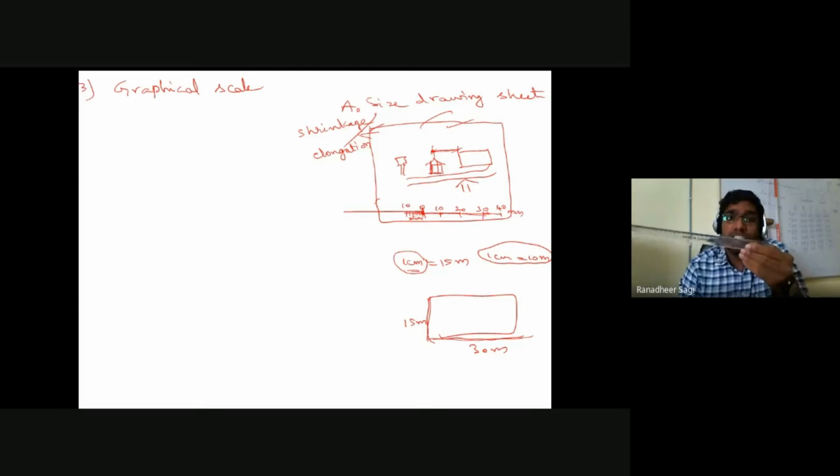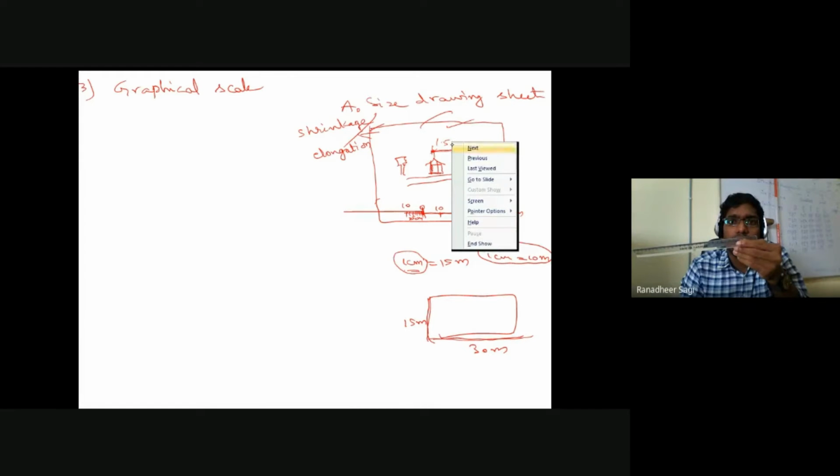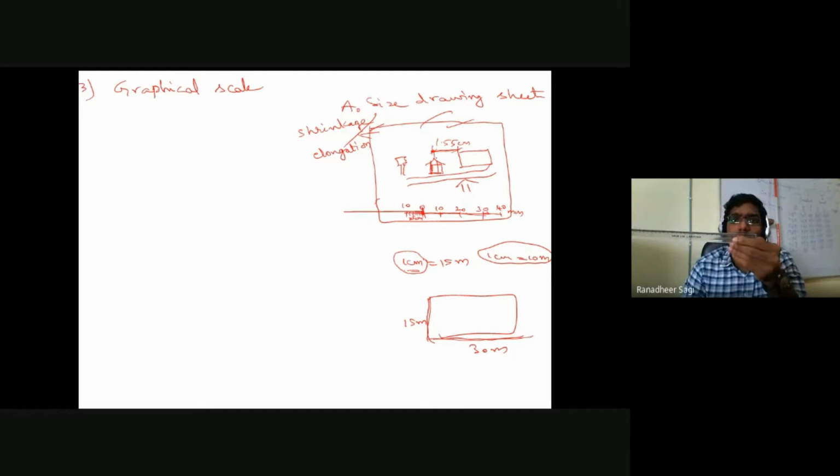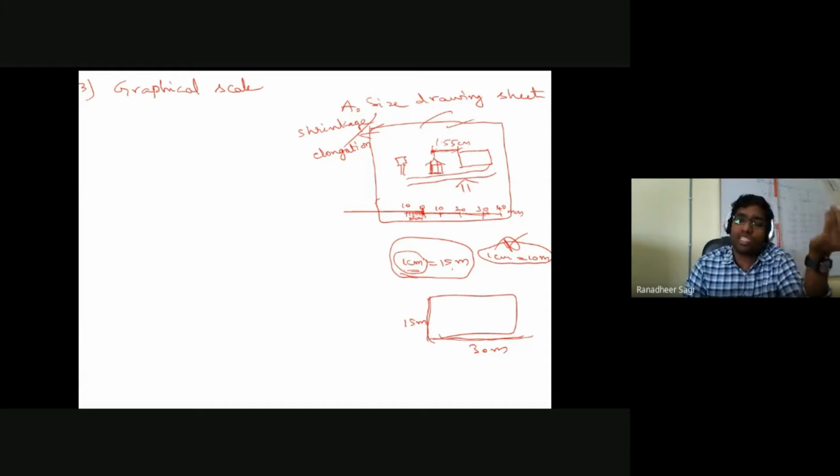After measuring it, let's say I got 1.55 centimeters as the distance. Once I have 1.55 centimeters, in case I am directly converting this with what is called an engineer scale, let's say, what was the engineer scale that I was supposed to be understanding here? 1 centimeter is equal to 15 meters was the engineer scale, the scale I had chosen for drawing the map.